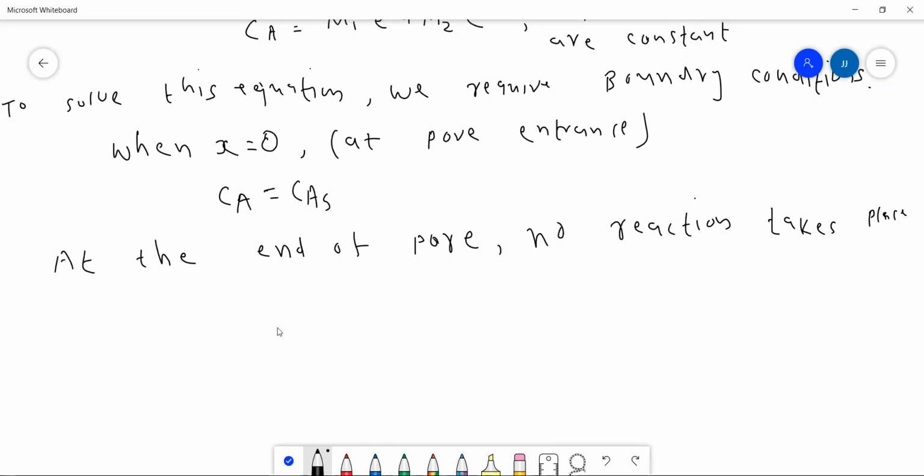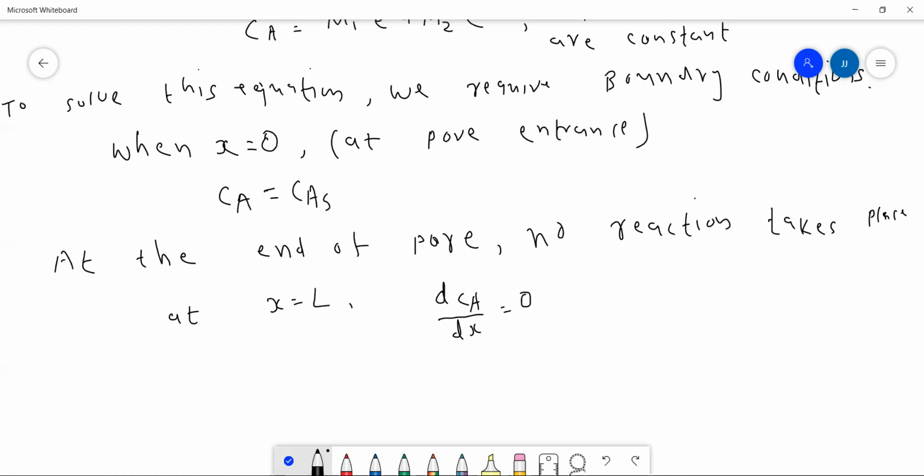So we may write at x is equal to L, at the end of the pore, dCA divided by dx is equal to 0.